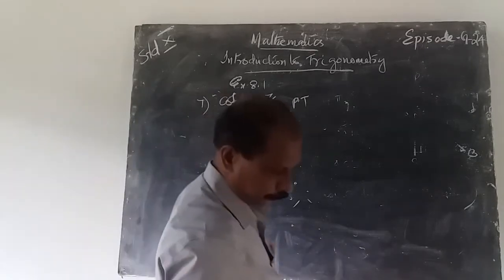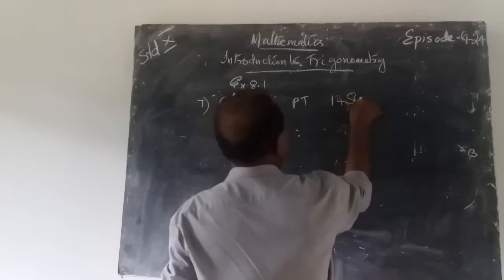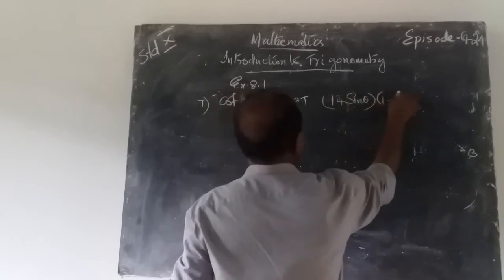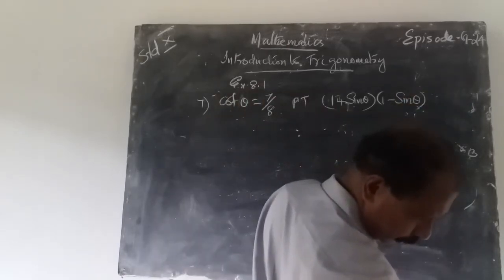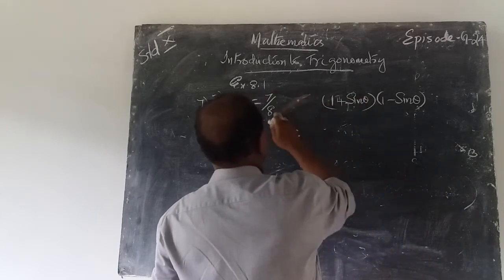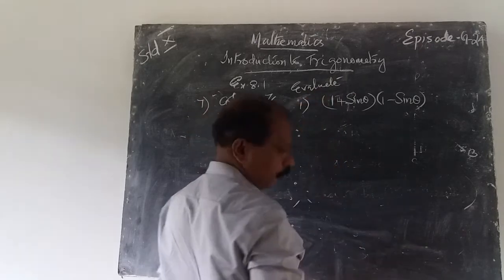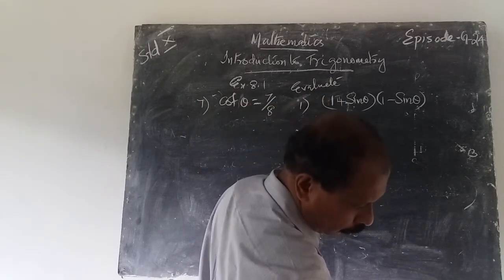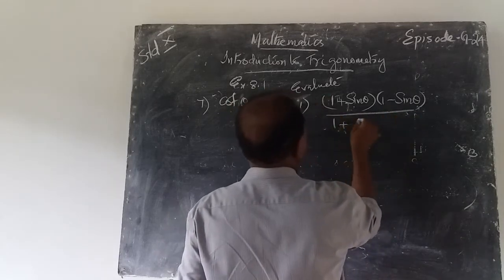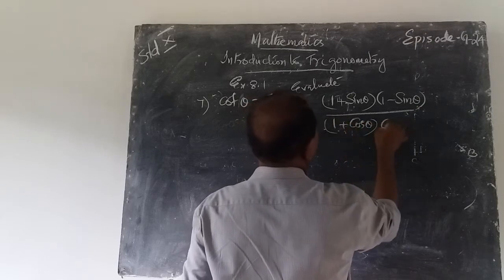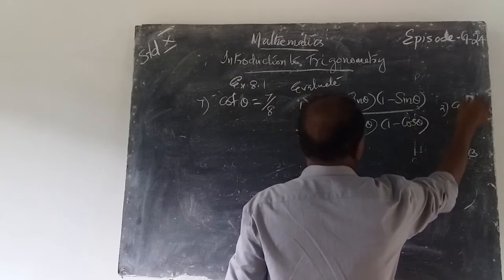Prove that, or rather evaluate, (1 plus sin theta) into (1 minus sin theta) by (1 plus cos theta) into (1 minus cos theta), comma, is cot square theta.